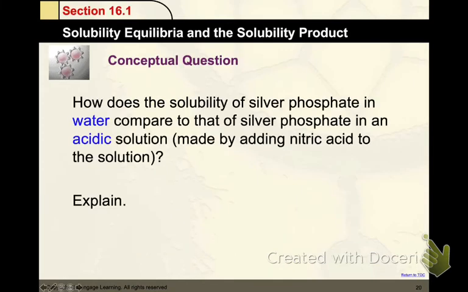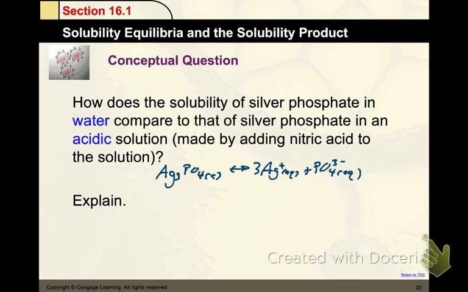How about silver phosphate? Let's look at this in a similar way. If we write the expression here, silver phosphate would be Ag3PO4 solid, giving 3 Ag plus and PO4 3 minus.